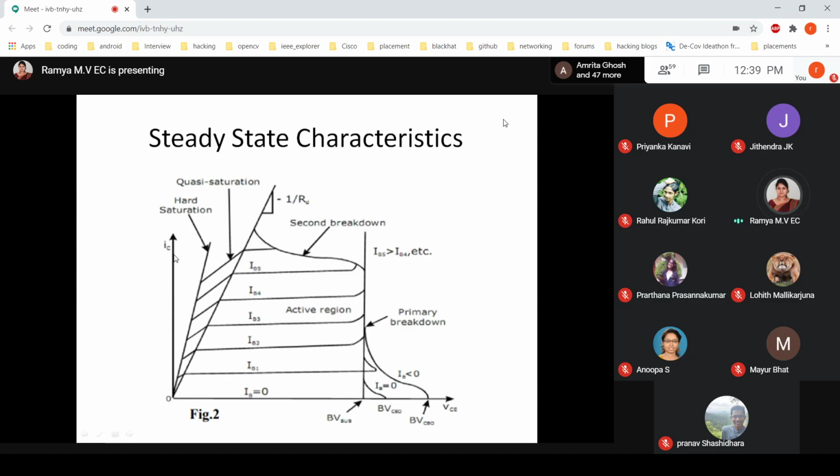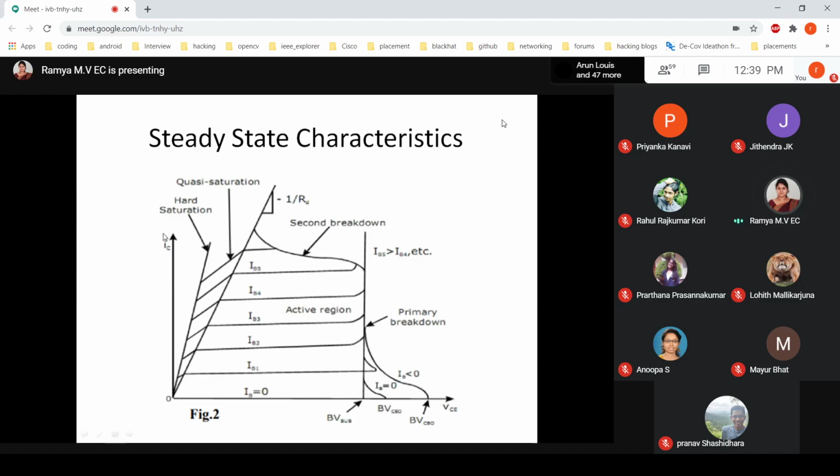Similarly, I need the IC point. To mark it on the y-axis, the x value will be 0, so here IC is equal to VCC divided by RC. I'll get one more point, then I will draw the line, joining point A and point B.